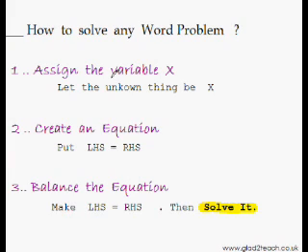And the third step would be to balance the equation. Most of the times, the equation that you form is balanced by default. That is, the left hand side and the right hand side are already equal. But in case they are not equal, then you can make them equal. And once we have the balanced equation, then we just have to solve it.